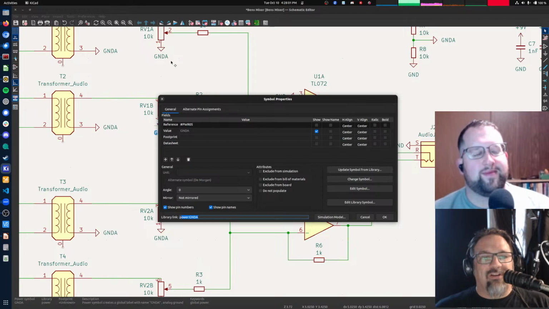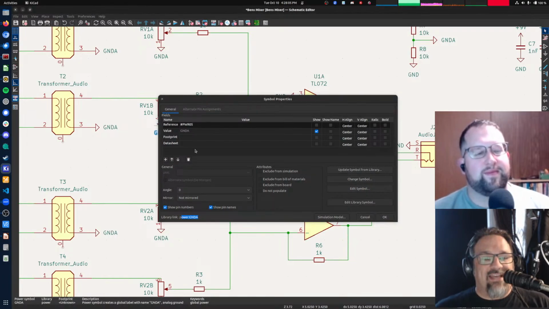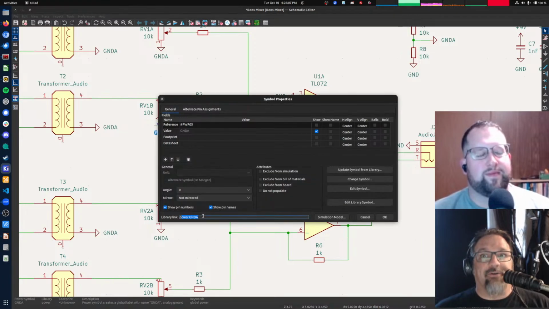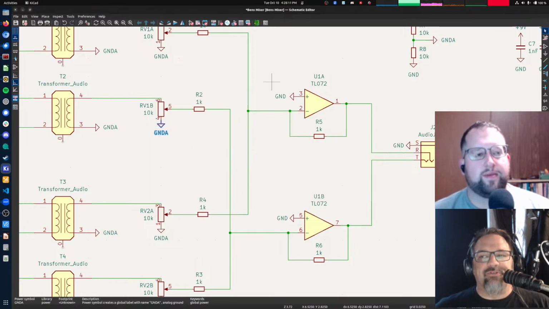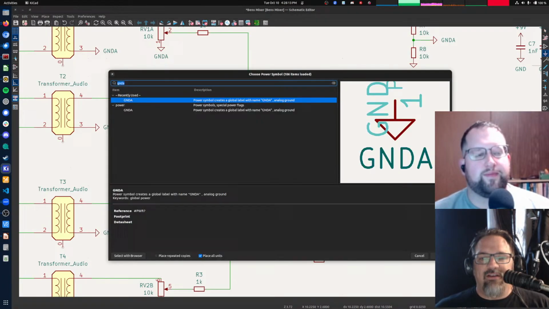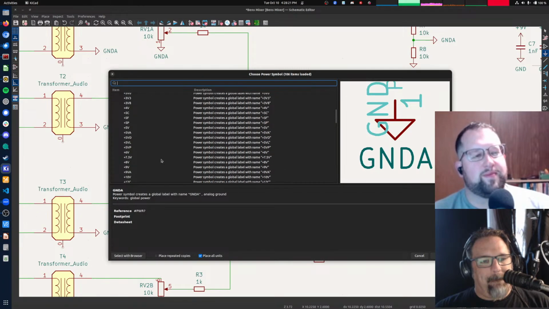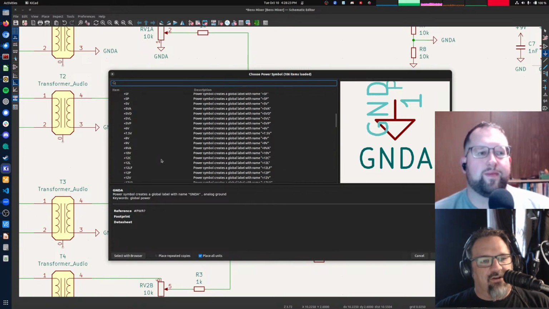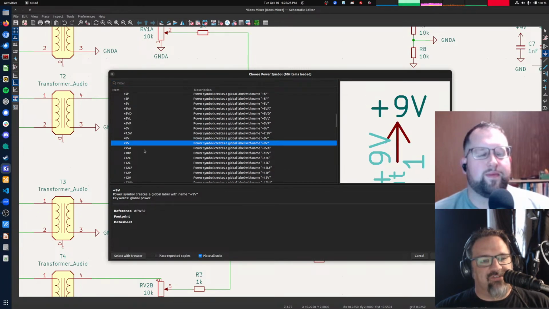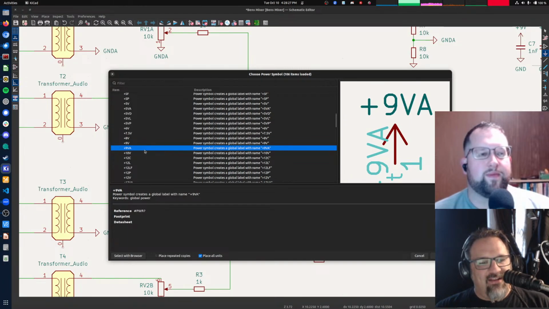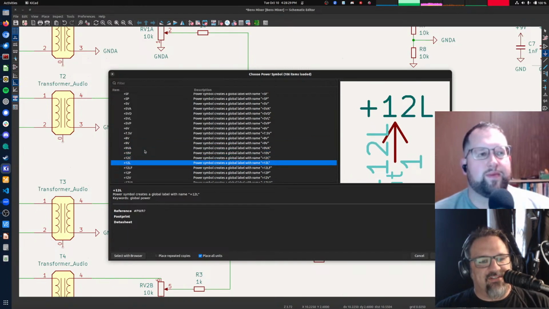And so it would look like ground A, but it would actually be tied to the ground node. So with power nodes, it's really best to come over here and select the actual power node that you want. There are lots of different power nodes that you can use. Like we chose plus 9 volts. There's also a plus 9 VA and stuff like that. But these are all different.